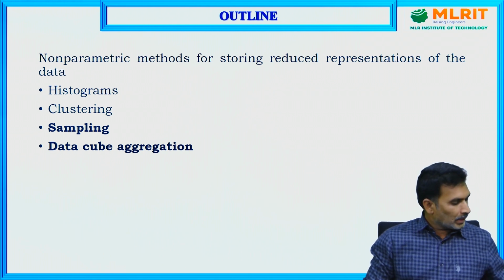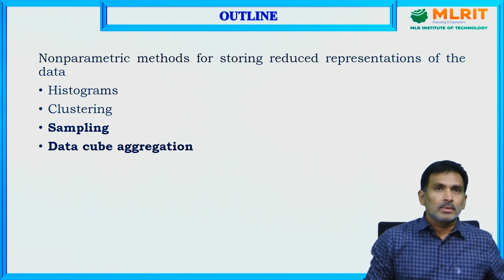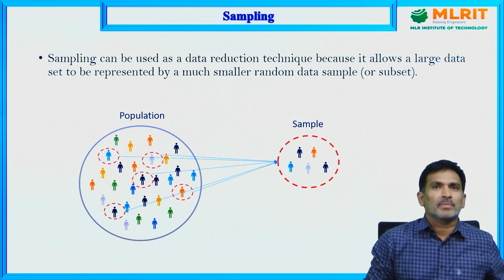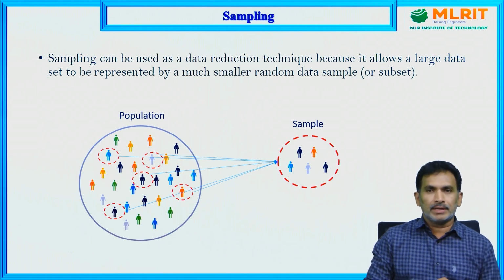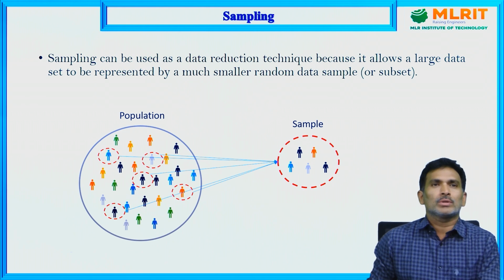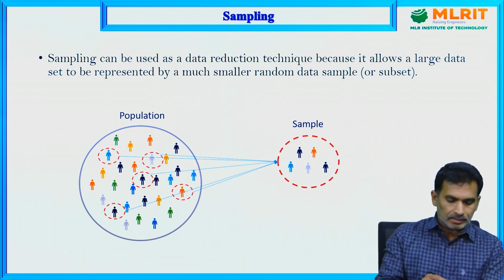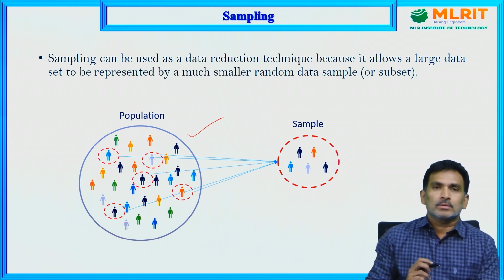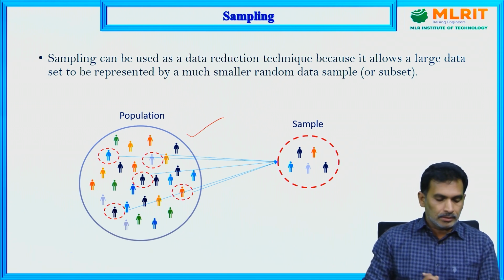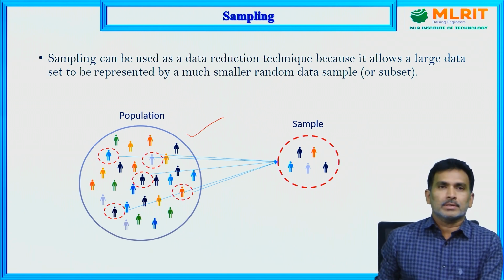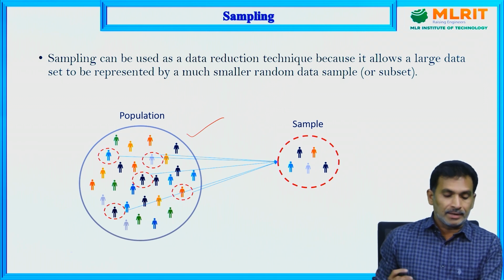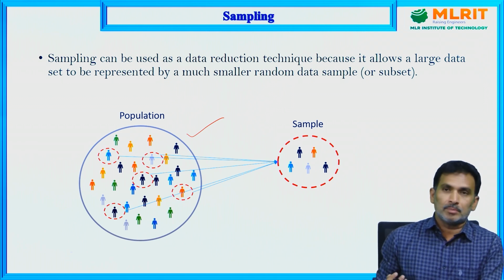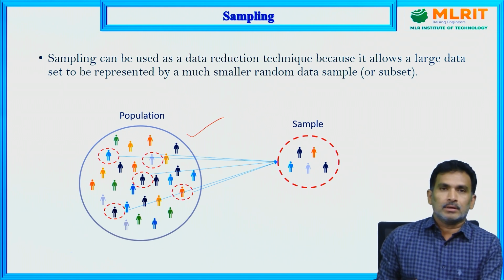Sampling is a very important method to represent the data in a reduced form. First, we need to understand why we need to do sampling. From this diagram you can see there is a population. In nature, the size of a population is very high, like the population of India or of a particular city.